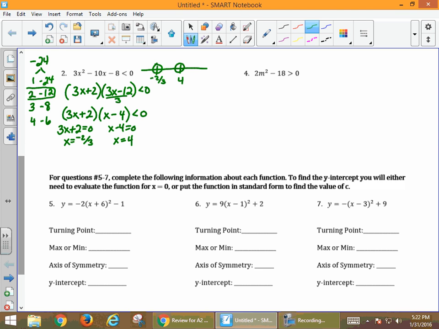So if I were to plug 0 in, 3 times 0 is 0, 10 times 0 is 0, so 0 minus 8 is negative 8. Negative 8 is less than 0. So again, I would color in between. The set builder notation would look like the following. X is between negative 2/3 and positive 4.